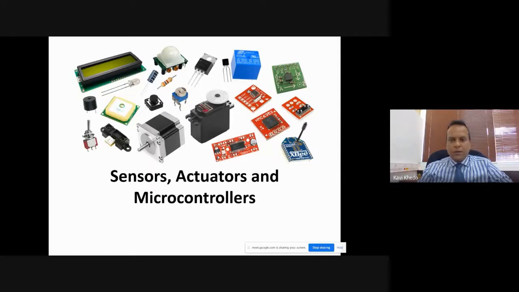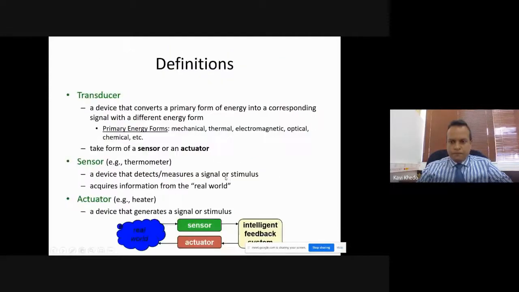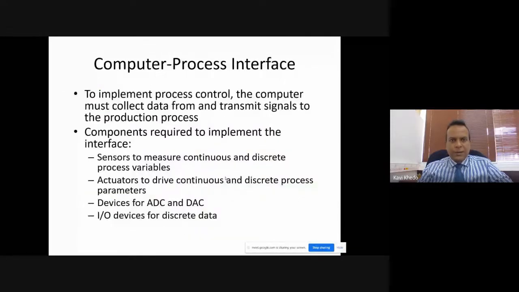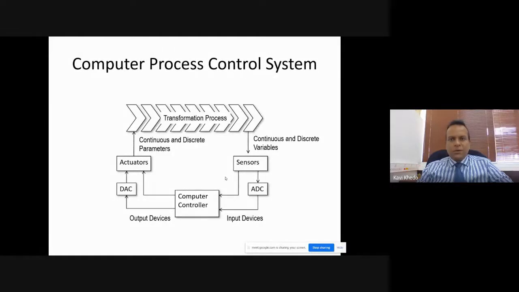So a quick overview of sensors and actuators. We have seen what is a sensor: the electronic sensor, computer process interface, CPI, the control system.